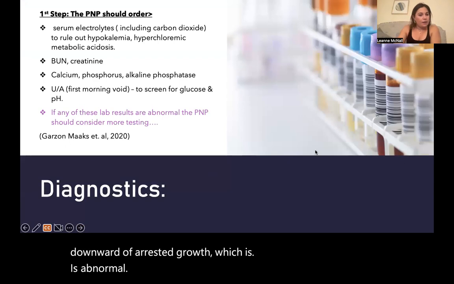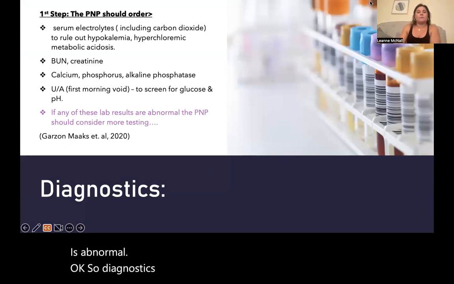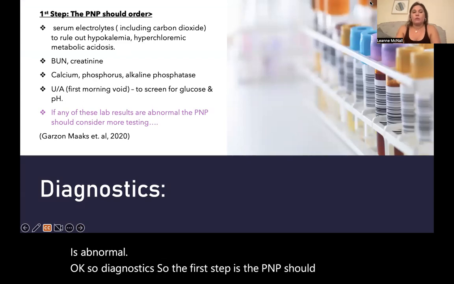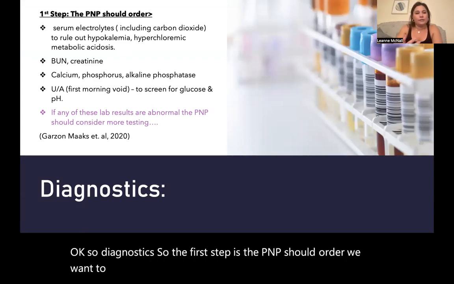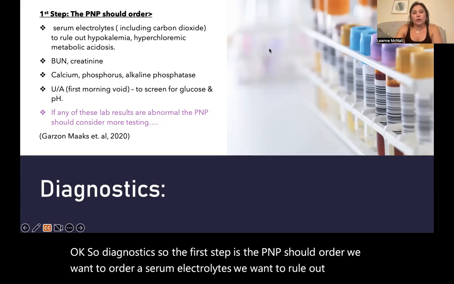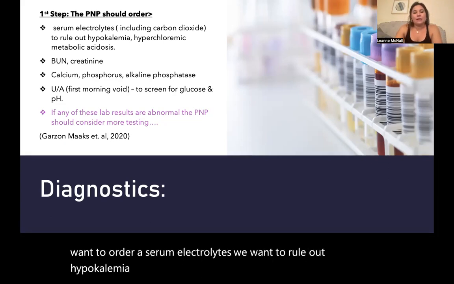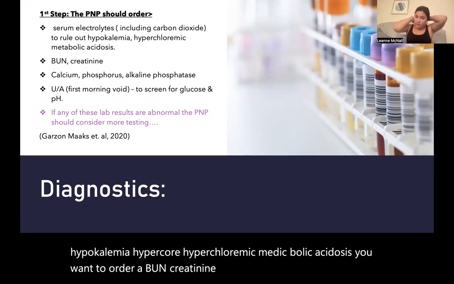Okay, so diagnostics. The first step is the PDNP should order serum electrolytes. We want to rule out hypokalemia and hyperchloremic metabolic acidosis. You want to order a BUN and creatinine for kidney function.